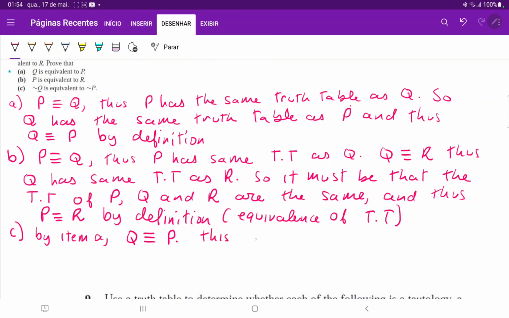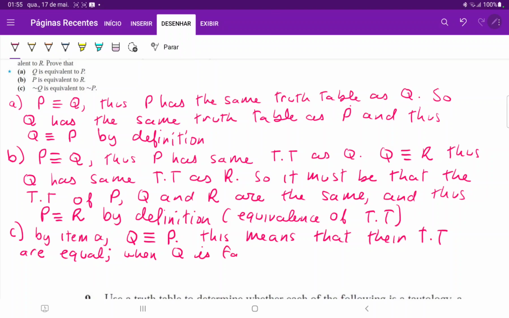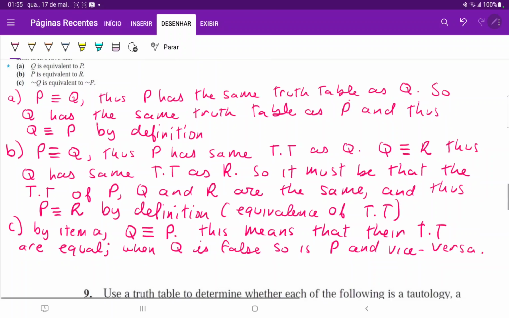This means that their truth tables are equal. When Q is false, so is P, and vice versa.